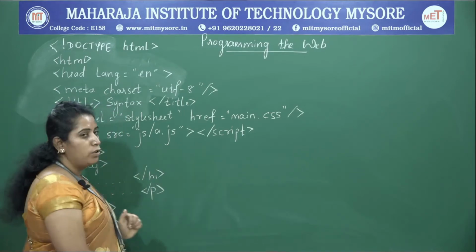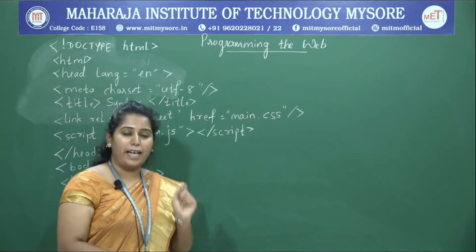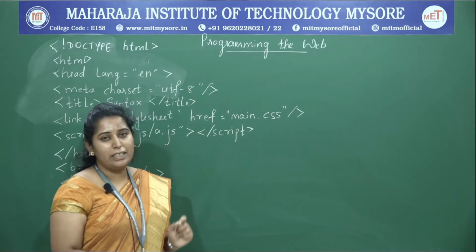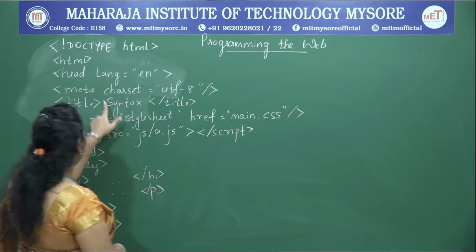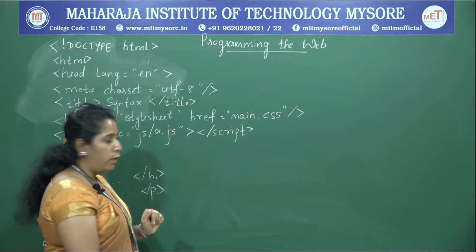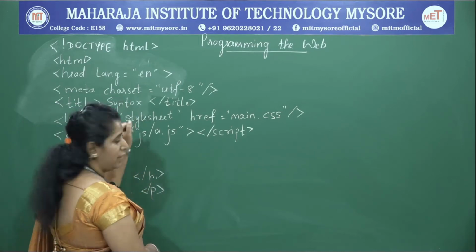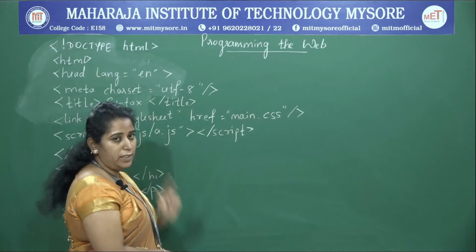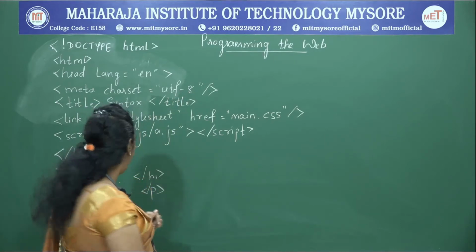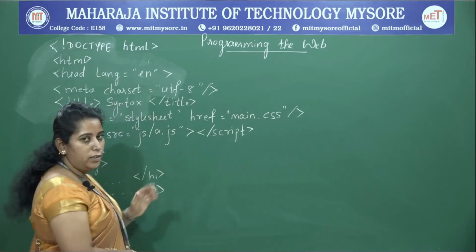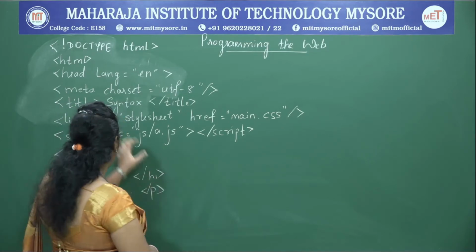Next, meta. Meta is a tag which is used to give detailed information. What detailed information it provides is that the character set is encoded in this format, that is UTF-8. Next is title, to give the title to our program.